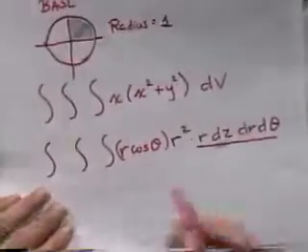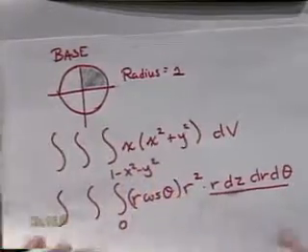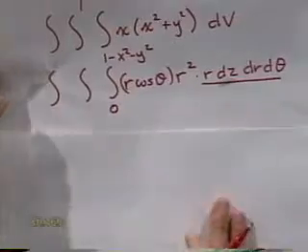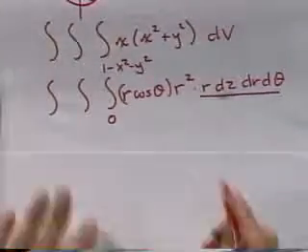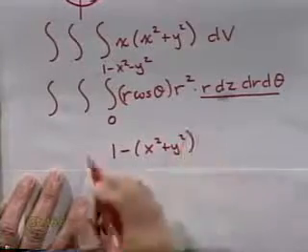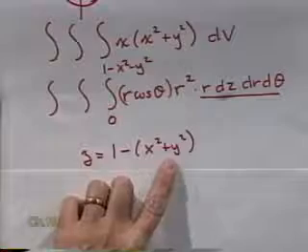So I'm going from z equals 0, and I could write it as z equals 1 minus x squared minus y squared, except we want to have this in r's and thetas and z's, and I think most of you would see if I factored out the minus, z equals 1 minus parentheses x squared plus y squared.